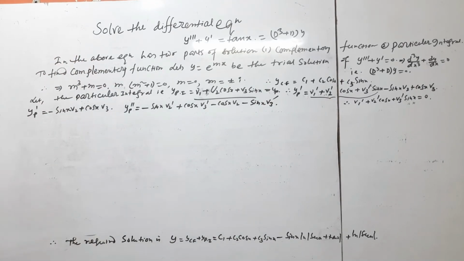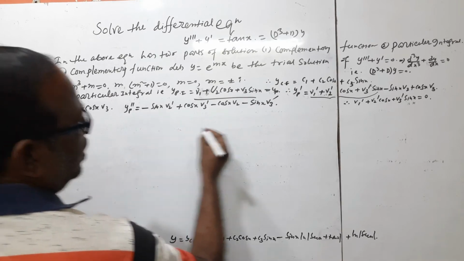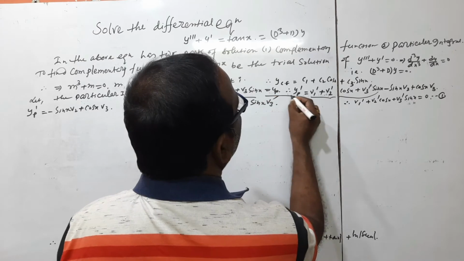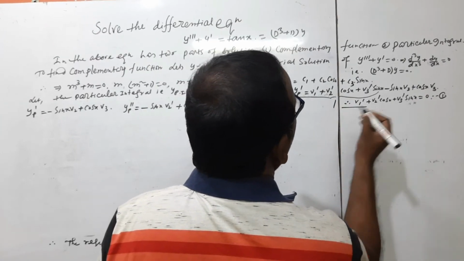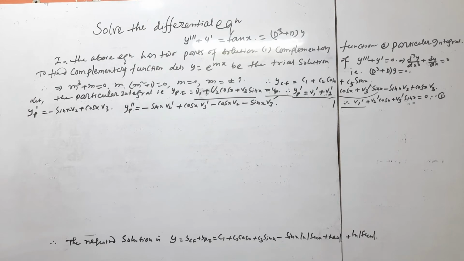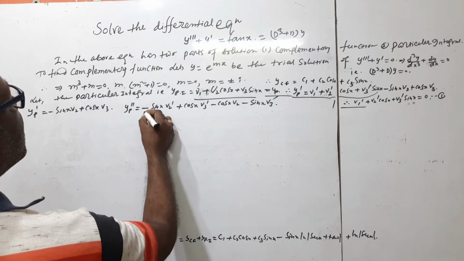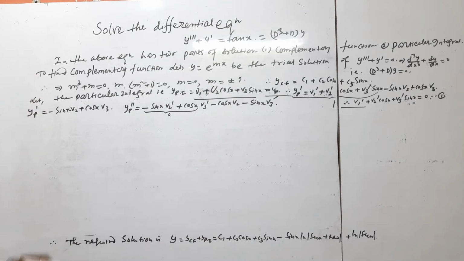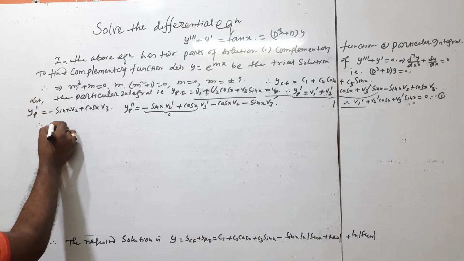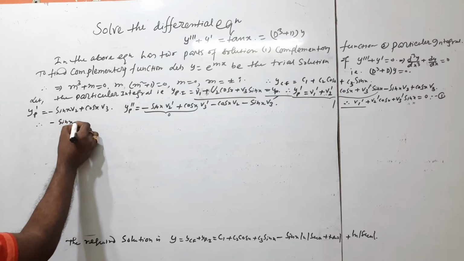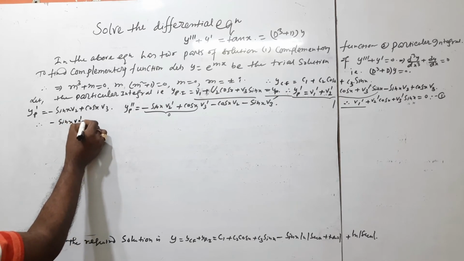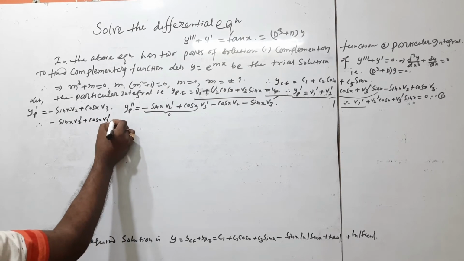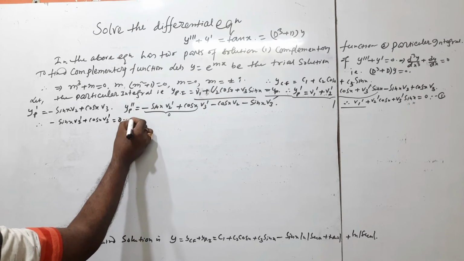Let us assume this as 1. On this part I have actually 0. So therefore minus sin x v2 dash plus cos x v3 dash equal to 0. This is 2.